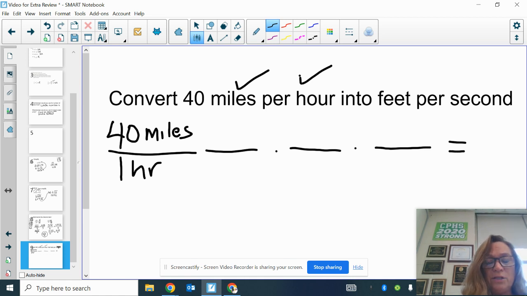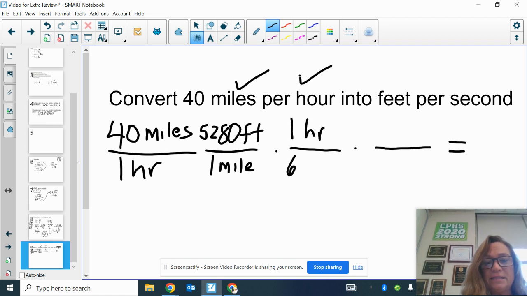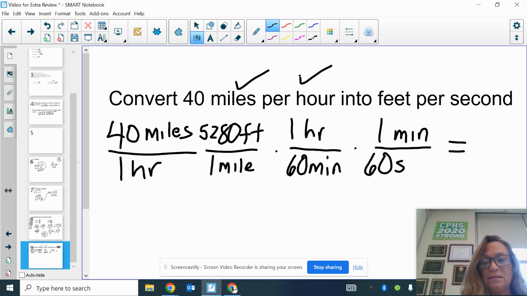So I'm going to do, there are 5,280 feet in 1 mile. 1 hour is equal to 60 minutes. 1 minute is equal to 60 seconds.